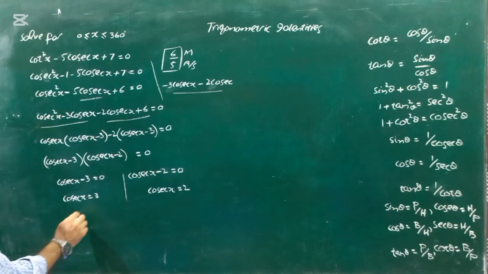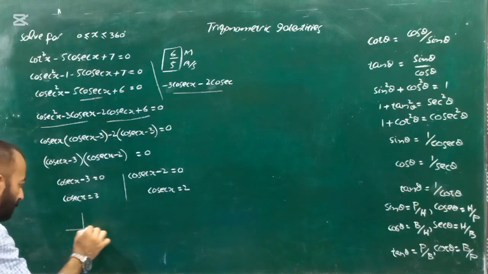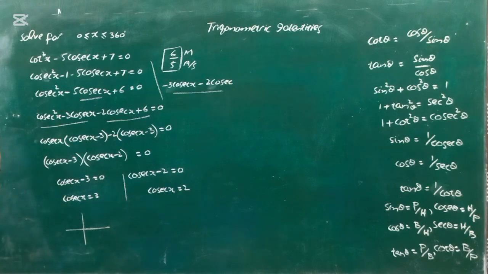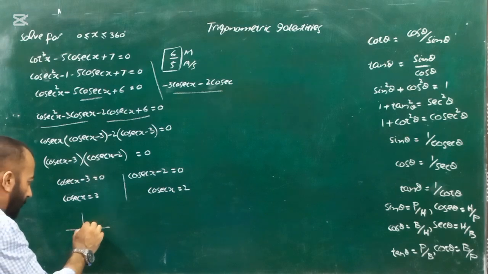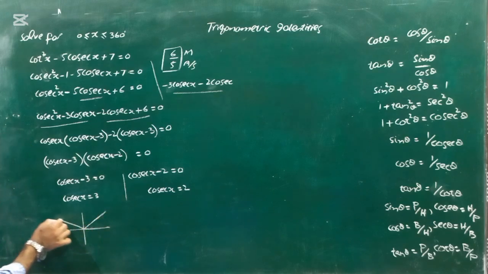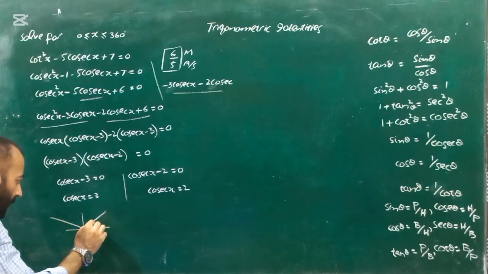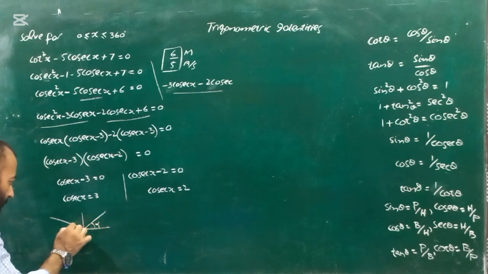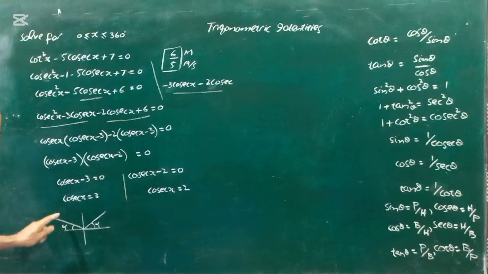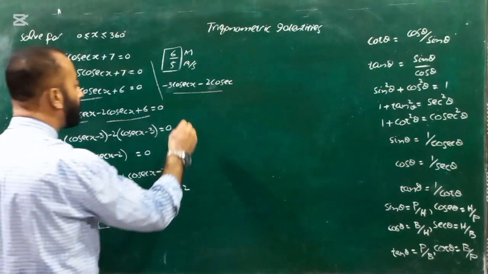Because cosecant is positive, and cosecant is related to sine, in the first and second quadrants sine and cosecant are positive. So here will be the basic angle. Now we will solve the rest of the question.